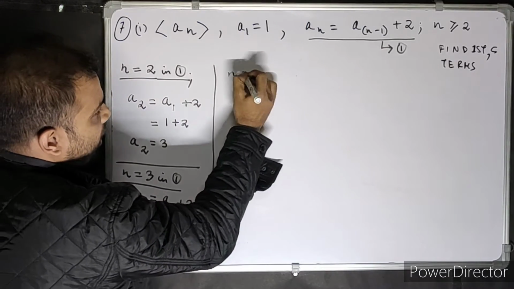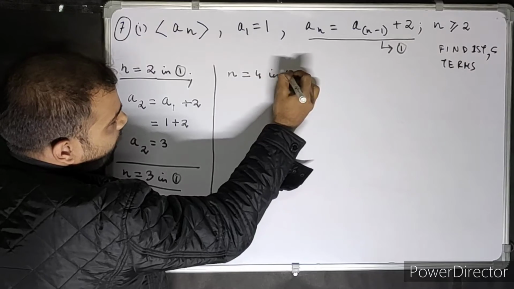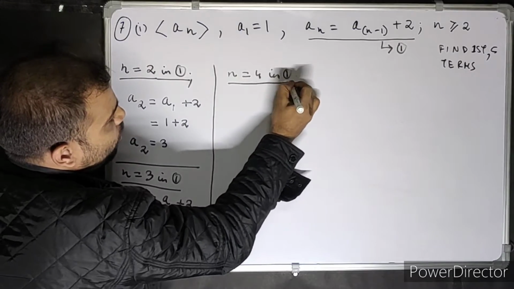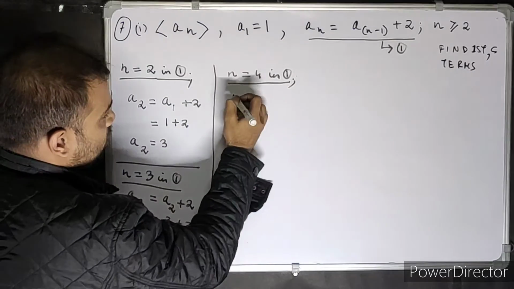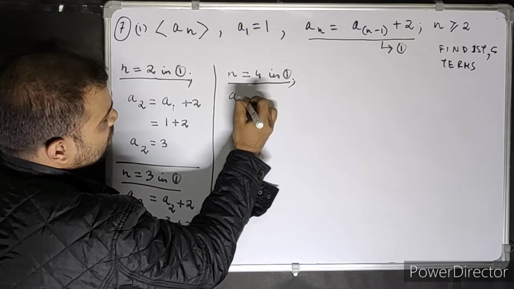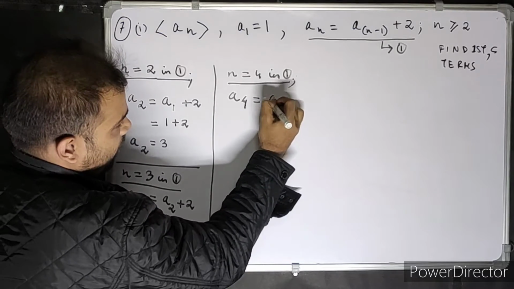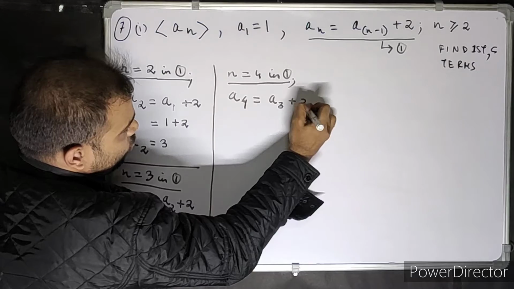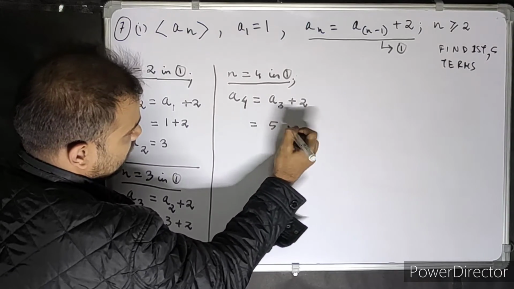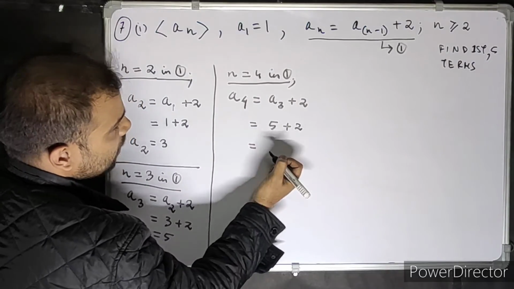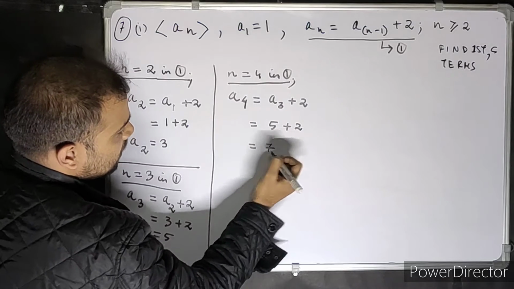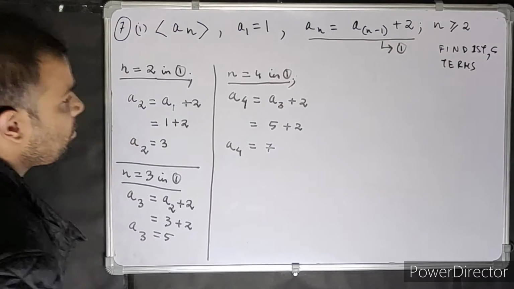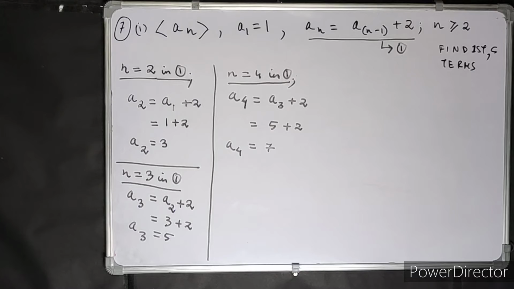N equals 4 in the formula. Input n equals 4. So a4 is equal to a3 plus 2. So what is my a3? That is 5 plus 2. See, 4 minus 1 is a3. See, 7, I told you, you will keep getting like this. So the next one you can do on your own.